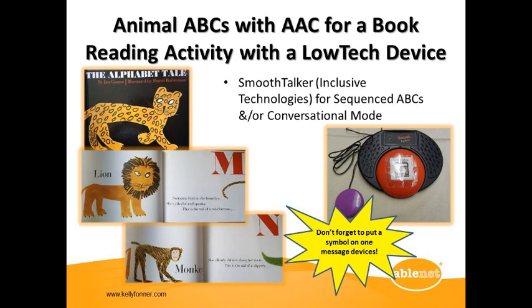And so with the Smooth Talker, in conversational mode, you have the student that uses one switch that can say the letter M, and the next kid can say, though it's coming with the letter M. So you have this kind of two-switch modality with it, so you can do that kind of part-to-part reading.